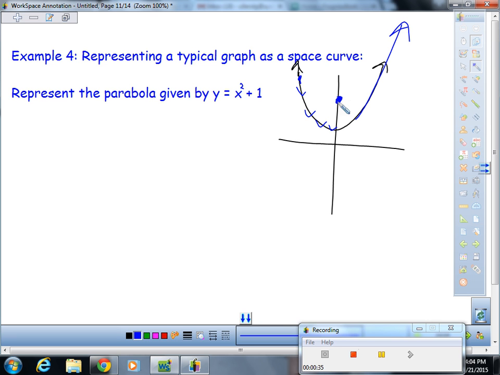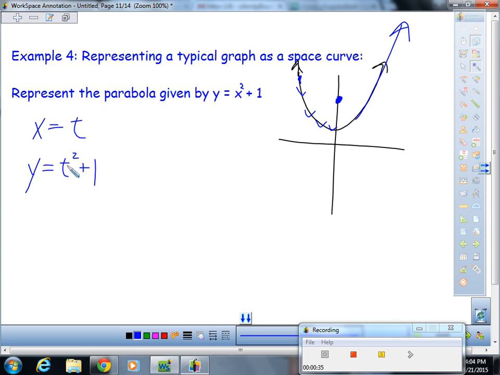So what if we wanted to write this thing as a vector valued function? Well, a lot of times we just choose a parameter. So what if we let x equal t? Okay, well then y would equal t squared plus 1, because x is t. So we substitute t in for x.